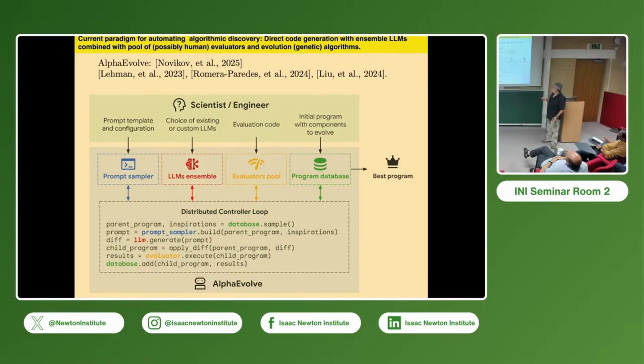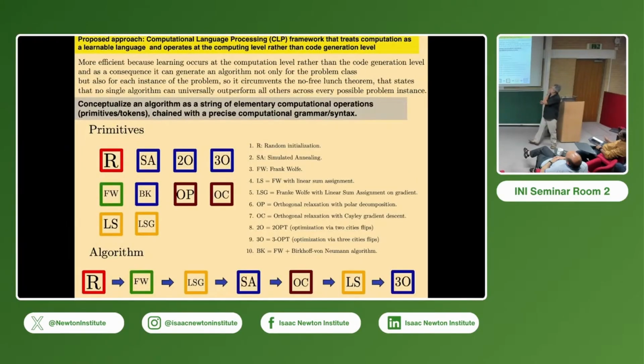Now, what we are proposing is essentially something that we call a computational language processing framework that treats computation as a learnable language and operates at the computing level rather than at the code generation level. So essentially what we are going to do is to create a language that speaks algorithms.